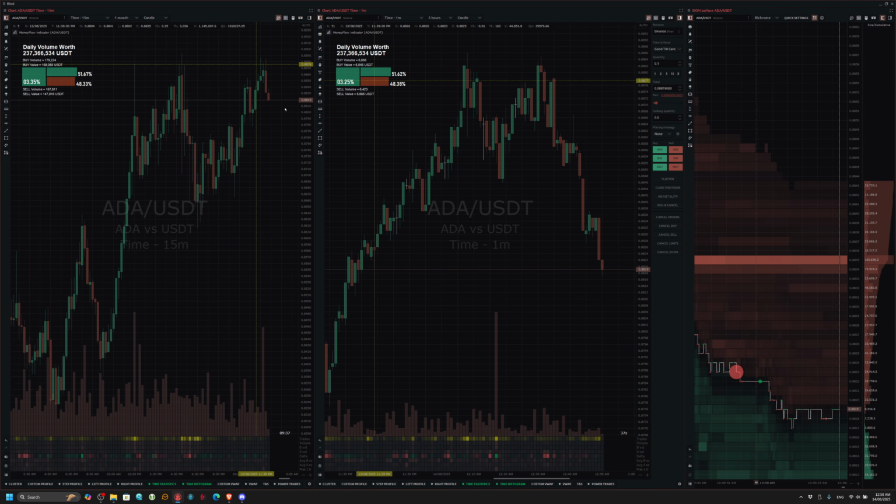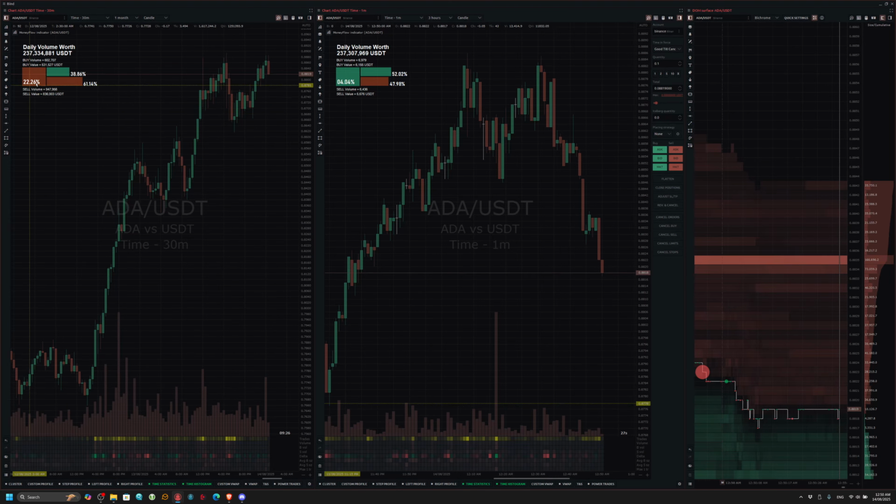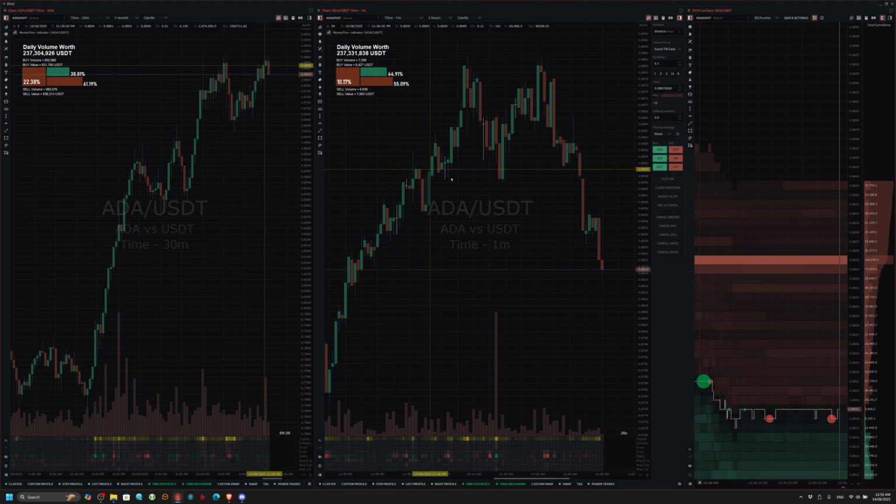If we went, for example, to the 30 minutes time frame or higher, we can see this as a sell signal, not buy. So you need to have multiple time frames so you can understand where the trend is exactly going, but keep an eye on the 15% difference.